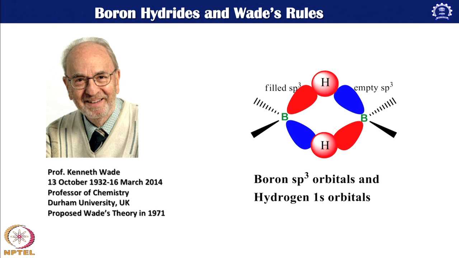Here you can see, earlier when looking at the structure of diborane, B2H6, we proposed this kind of 3 center 2 electron bond where a filled sp3 of boron interacts with the 1s electron of hydrogen and an empty sp3 of another boron to form 3 center 2 electron bonds like this. Of course, the terminal ones are conventional 2 center 2 electron bonds. Now, let us look again at the types of boron hydrides we have.